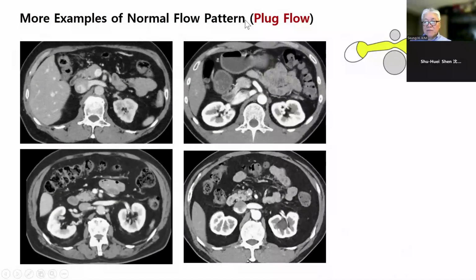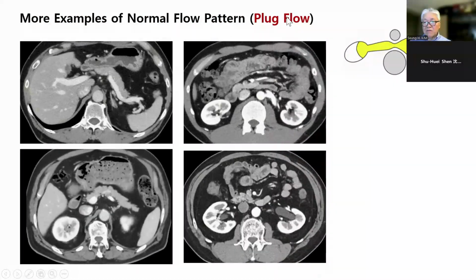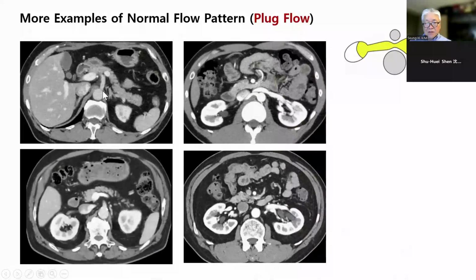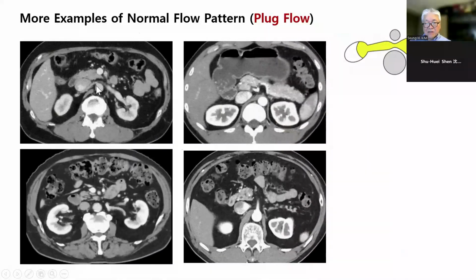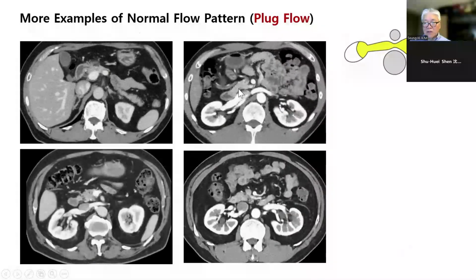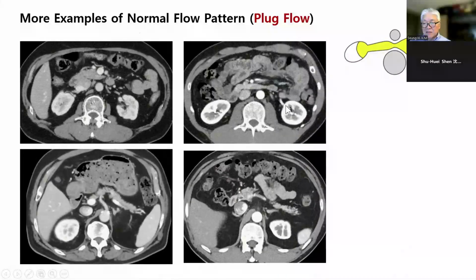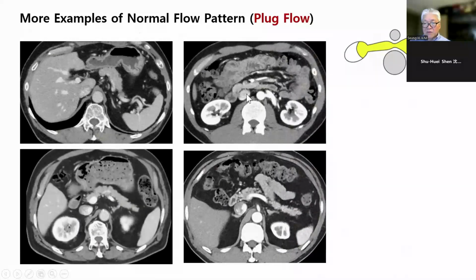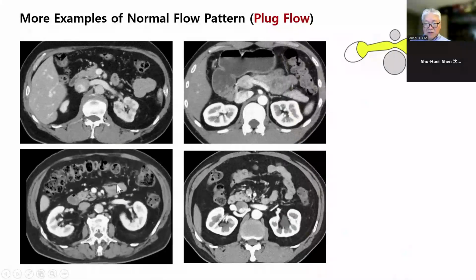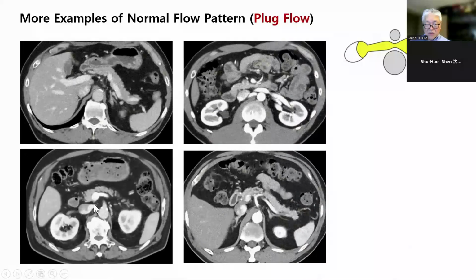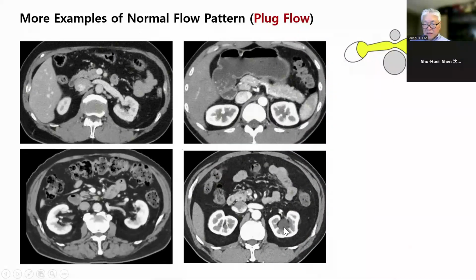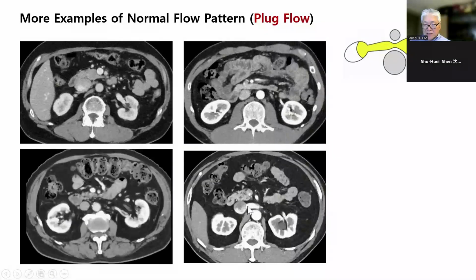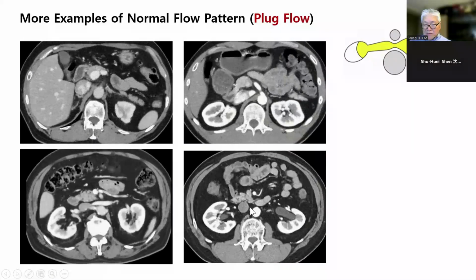These are more examples of pattern 1, plug flow. First case, probably you can feel that this is a plug flow pattern 1. And second case, the same speed flow. And third case, also a plug flow pattern. And the fourth case is also the same flow pattern.